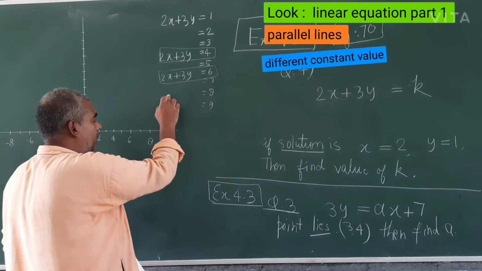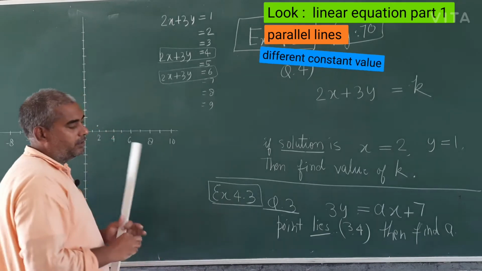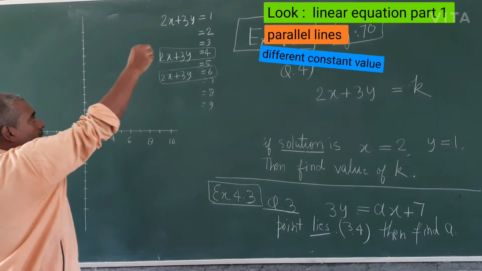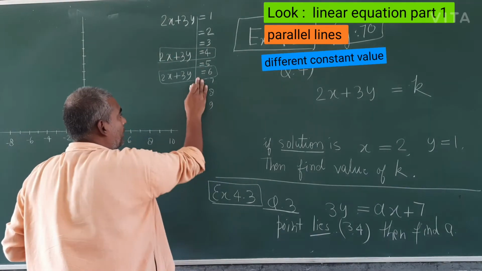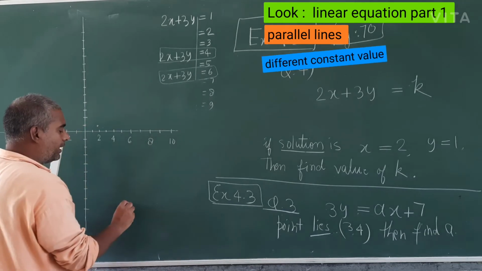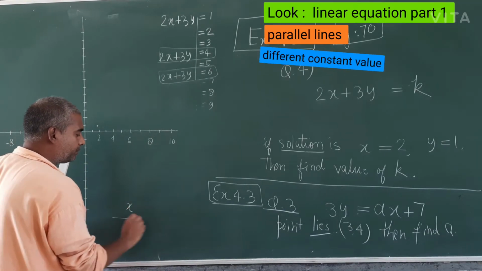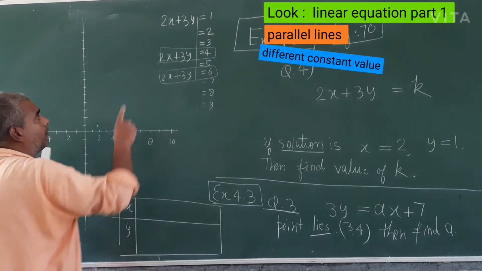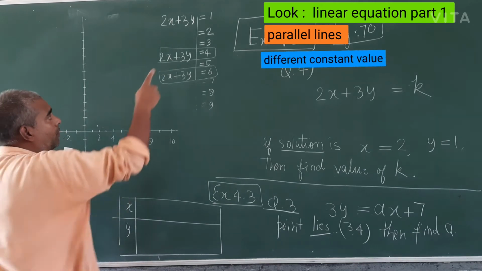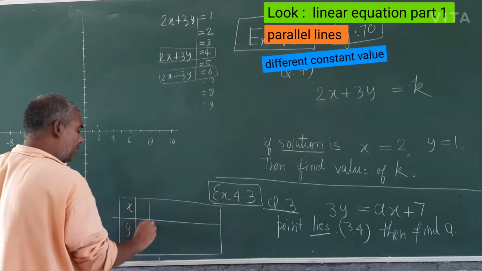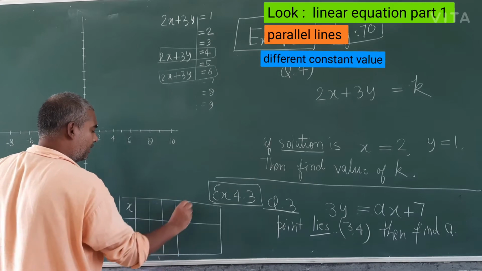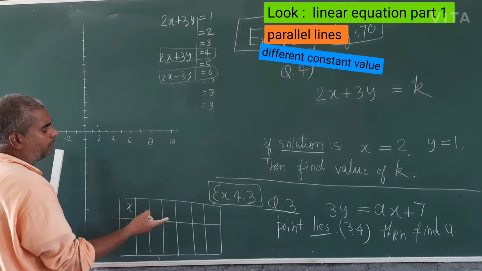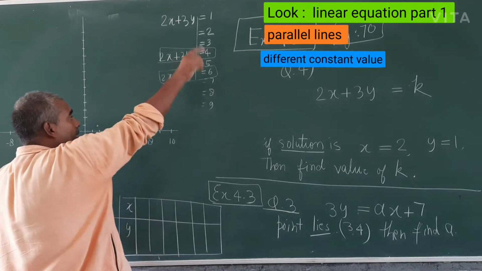If x is equal to 1, then what will be the value of y? Draw this table. I told you, if you have to draw a line, many points may be there, x and then y. You may take x as 1, 2, 3, 4 and find the value of y using the equation.